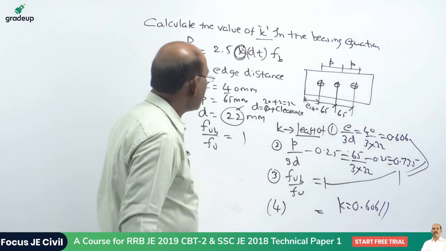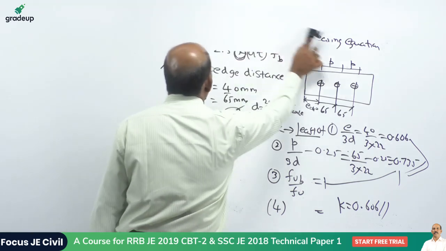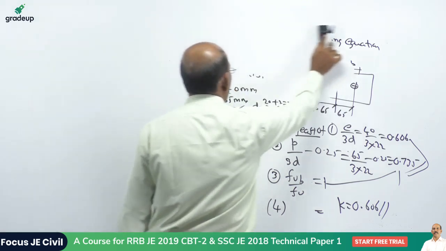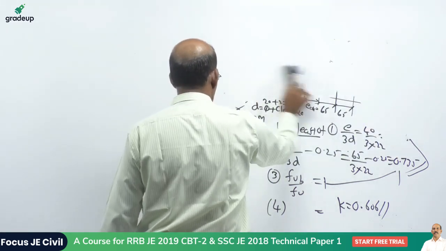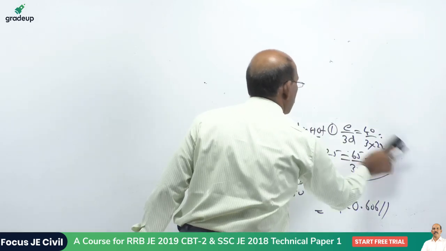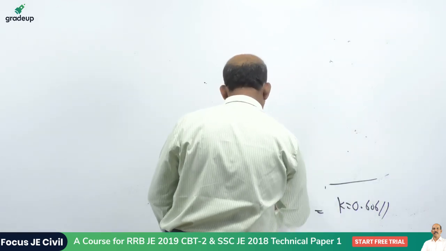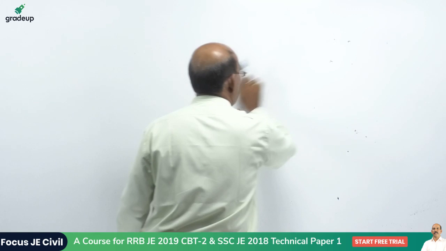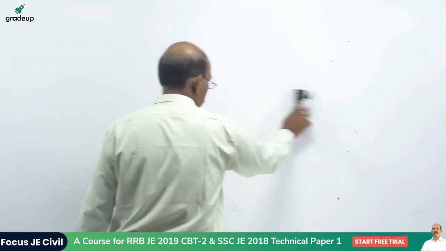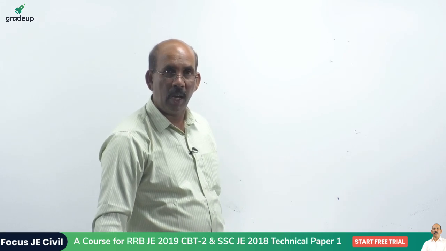Coming to the next question, your doubt: differentiate between Euler's formula, Rankine's formula, and secant formula.